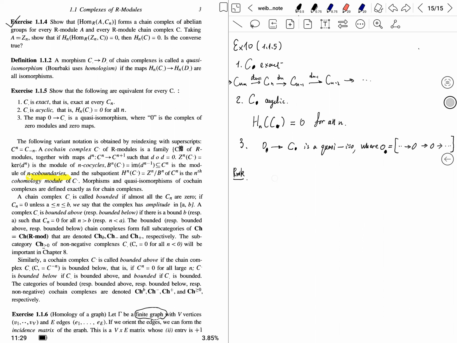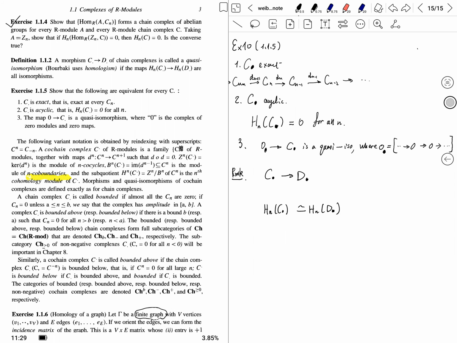So quasi-isomorphism is not only saying that this is an isomorphism, but it is saying that, following the exercise before, which tells you that if you have a morphism between chain complexes, it induces a morphism between homology modules, which is mapping x bar to ux bar, if you remember the construction before.